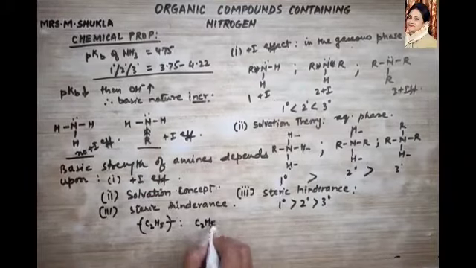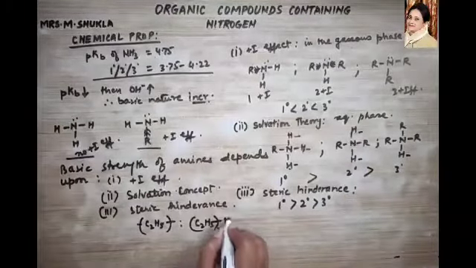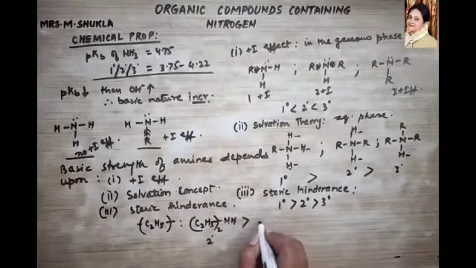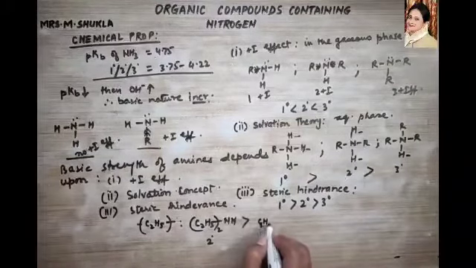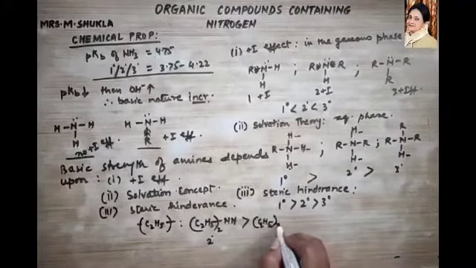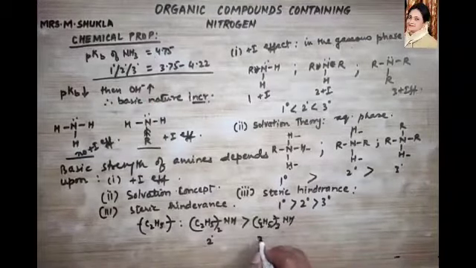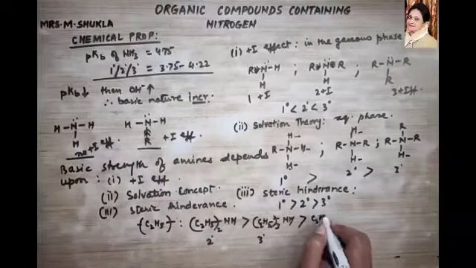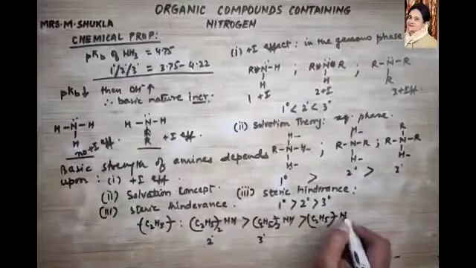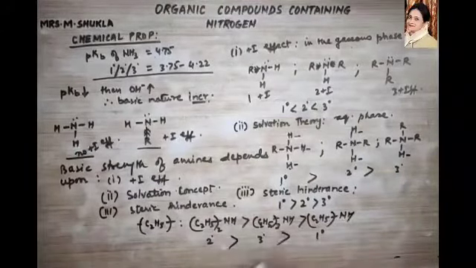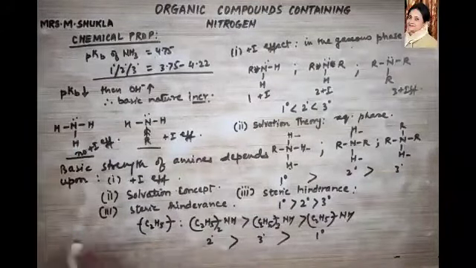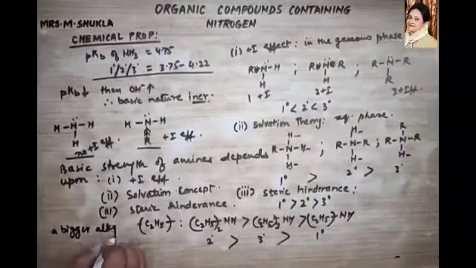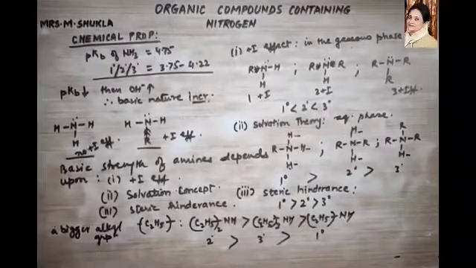That (C2H5)2NH, which is your secondary amine, is more basic than (C2H5)3N, which is your tertiary amine, than your primary amine, that is C2H5NH2. So over here, we take a bigger alkyl group.